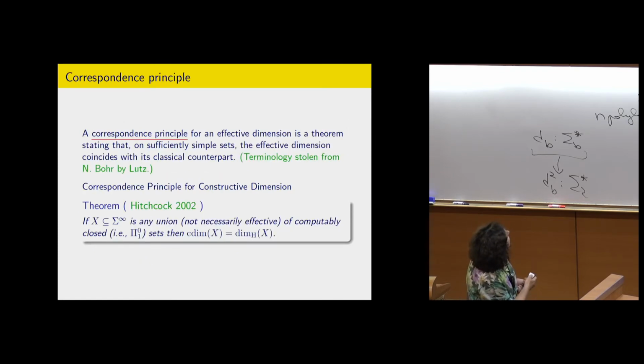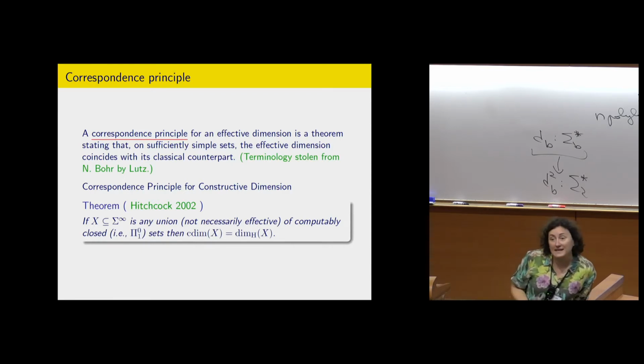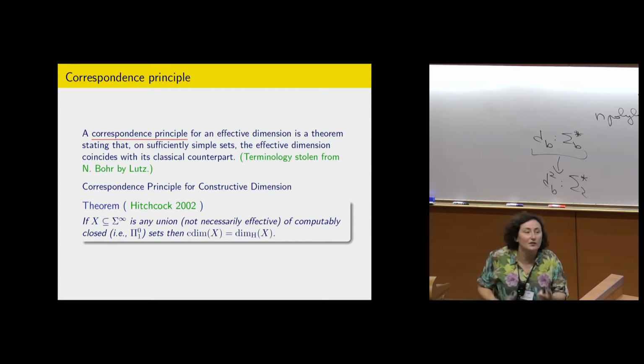So for simple classes, effective dimension and dimension coincide. How simple? Any union of Pi-1 classes, they don't have to be Sigma-2, has Hausdorff dimension exactly equal to effective dimension.